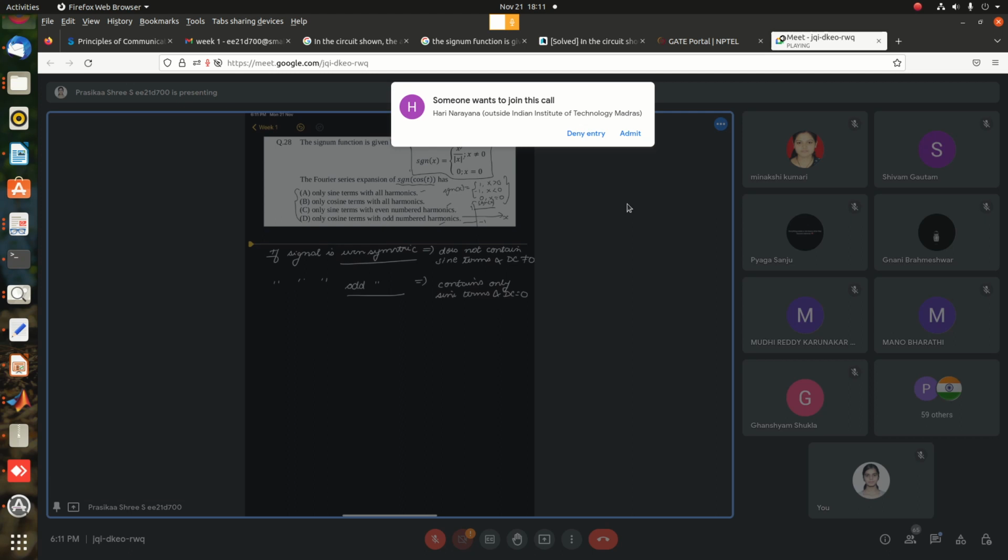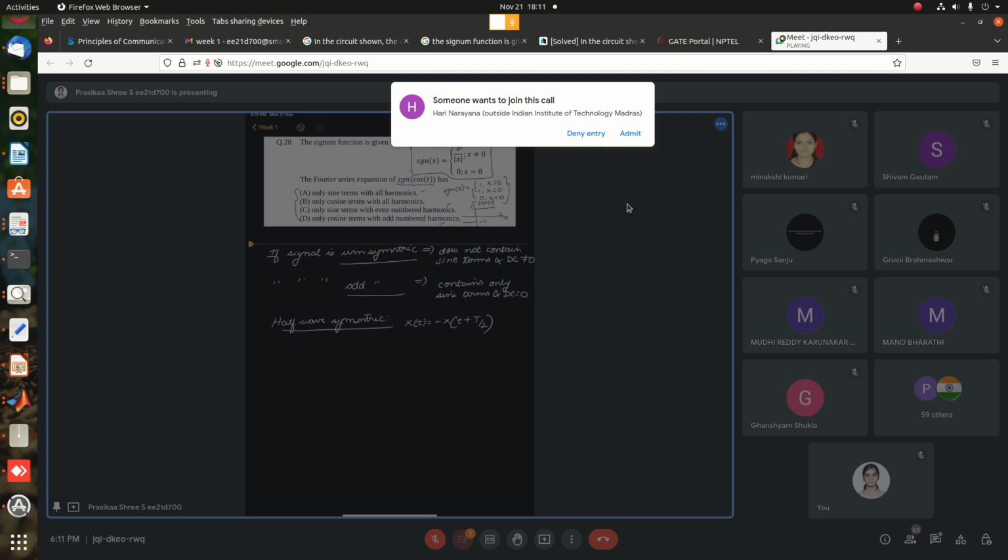Okay. I'm introducing you to something called half-wave symmetry. What is half-wave symmetry? Half-wave symmetric is nothing but x of t is equal to minus x of t plus T by 2.